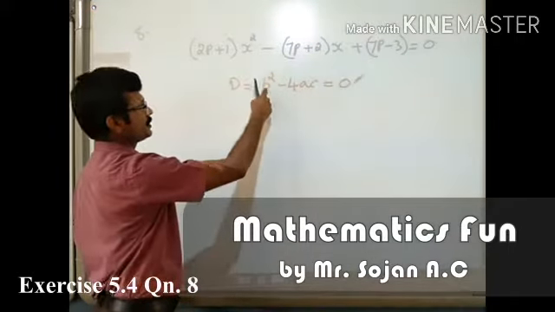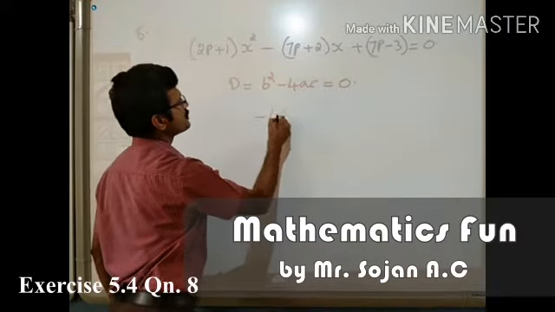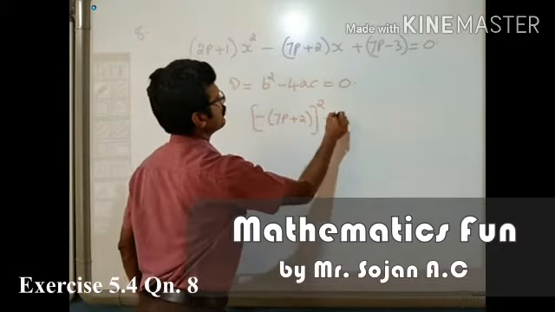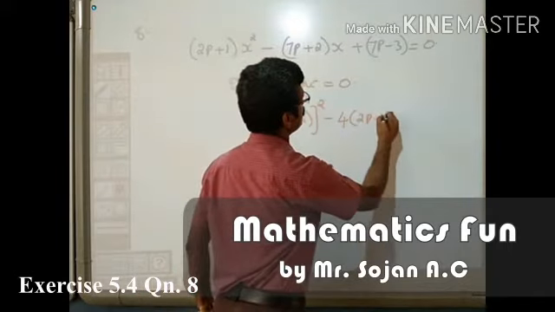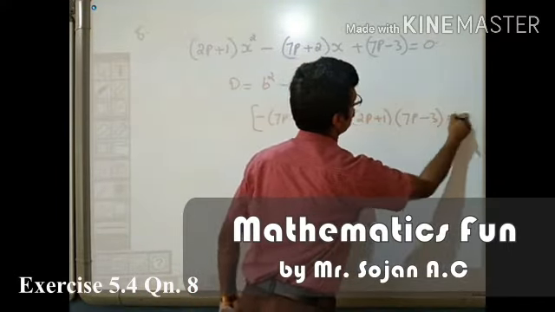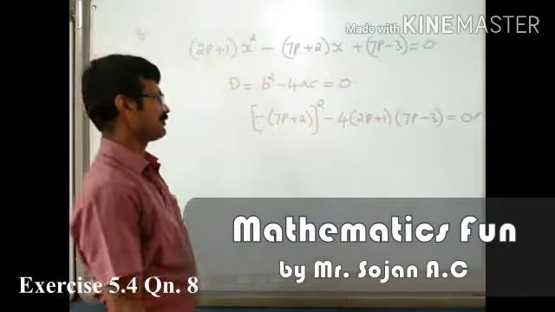Again I will substitute. B is minus (7p plus 2), its square is b square, minus 4. A is 2p plus 1, and c is 7p minus 3, is equal to 0. So I have substituted. Now I have to simplify it.